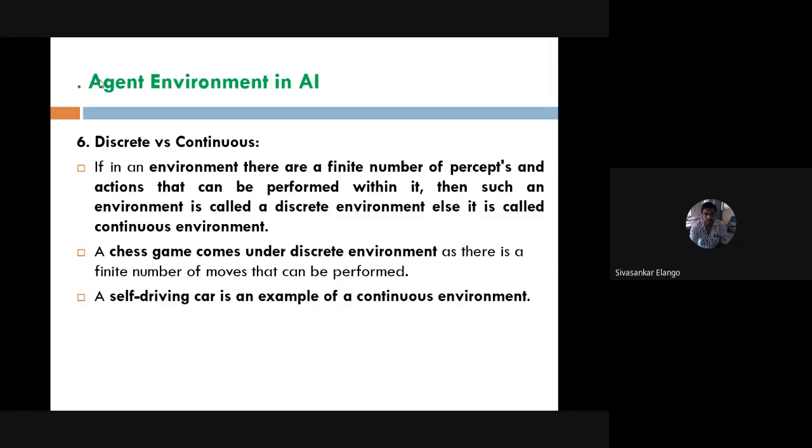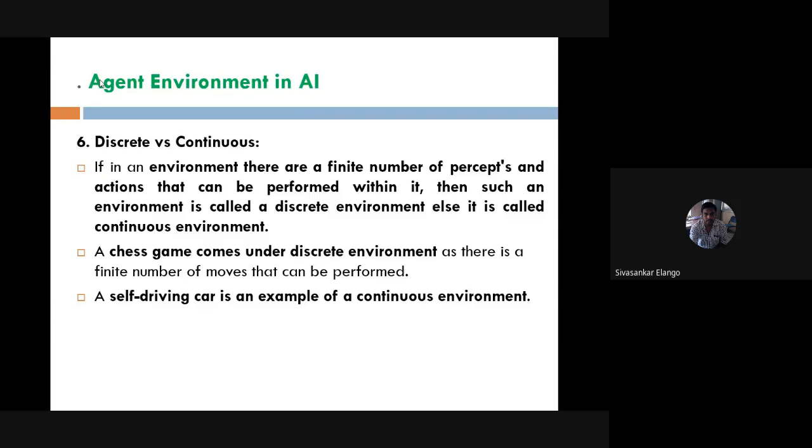For example, playing a game like chess is a discrete environment, as there is a finite number of moves that can be performed by a software agent. Whereas a self-driving car is an example of a continuous environment. So these are the different categories of agent environment in artificial intelligence.